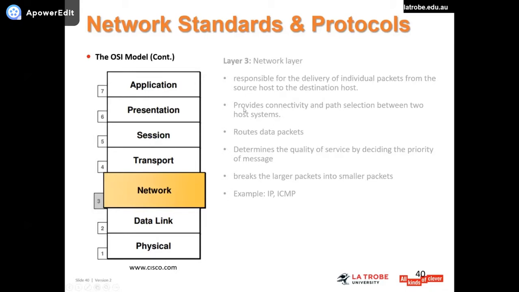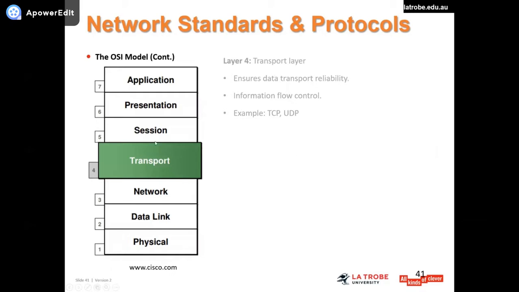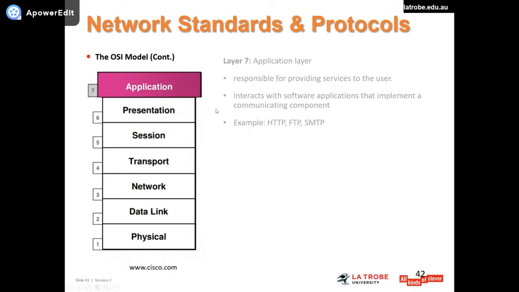And then the transport layer. On the transport layer, there are 2 very important protocols, TCP and UDP. Then is our top layer, the application layer. What are the usual protocols there? For example, HTTP, FTP, SMTP, they are famous application protocols.